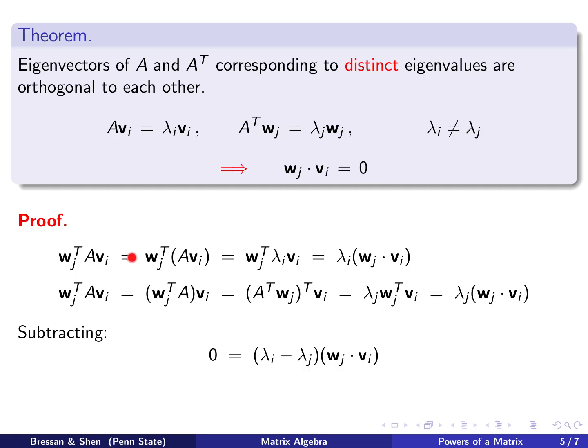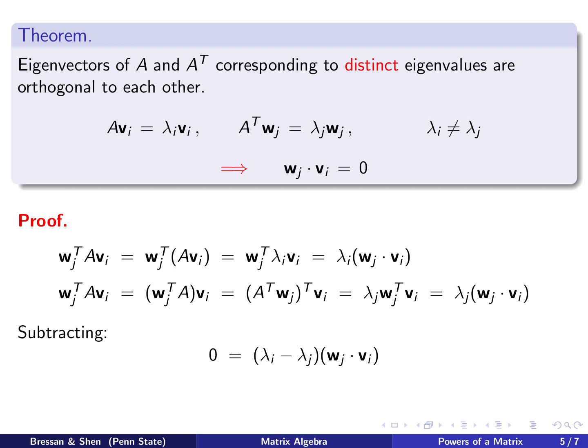So this equation says this number equals that, and this says this number equals that. Therefore, if we subtract, this minus that, which is 0, equals this minus that. In these two expressions, the inner product is a common factor, so we take it out, and what remains is lambda i minus lambda j.